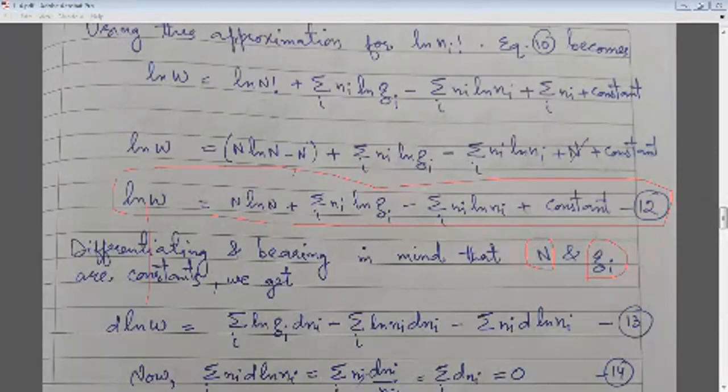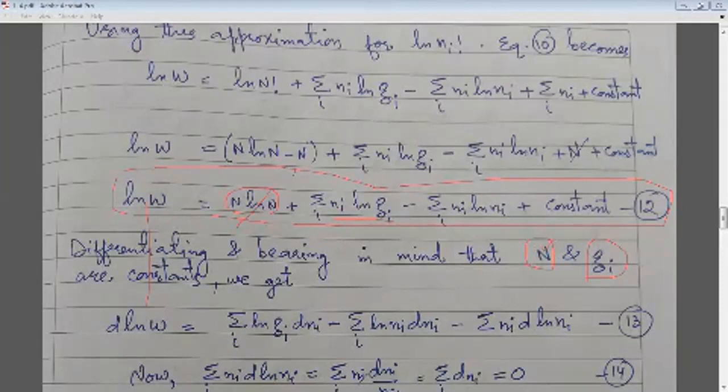Now N ln N is a constant, so the differentiation of this whole term will be 0, so this will go. But this one is a differentiation of a uv form. That means you differentiate the first function, keep the second, and then differentiate the second function.